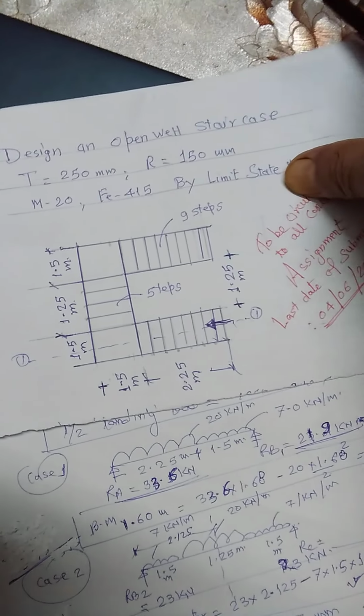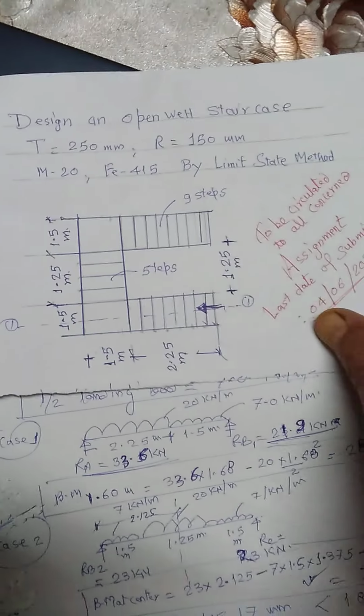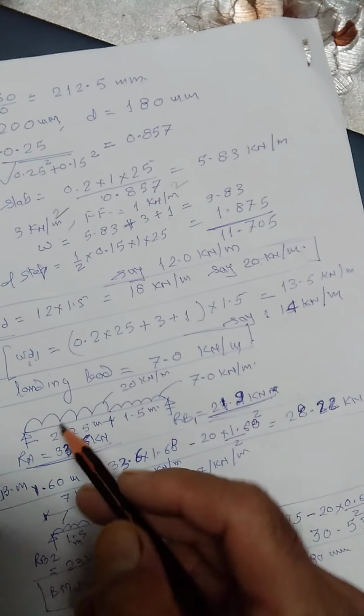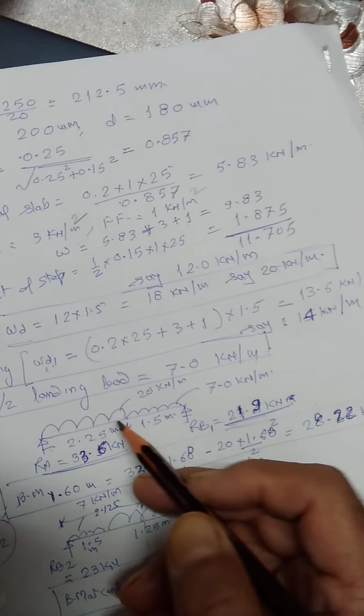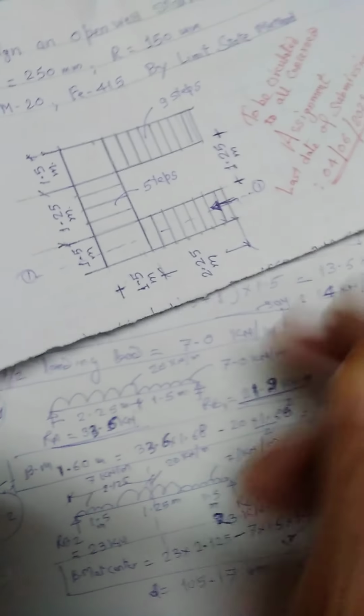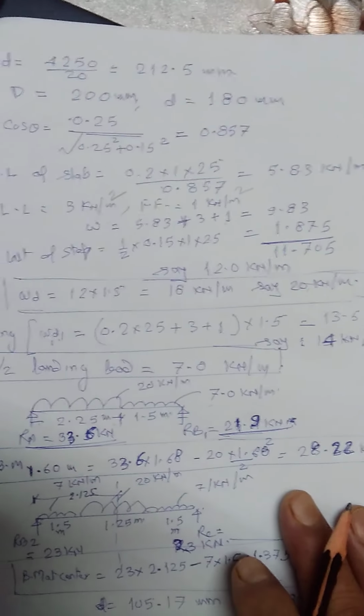For that 1.5 the loading will be half, that is 7. I have drawn the figure: 2.25 and 1.5, with 20 and 7 kN per meter.